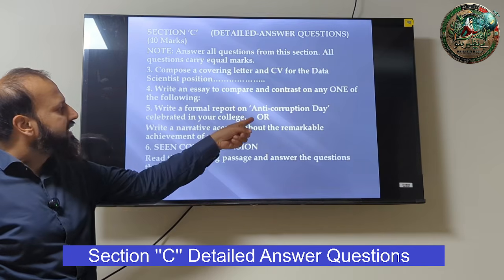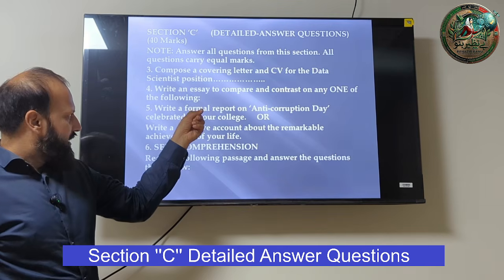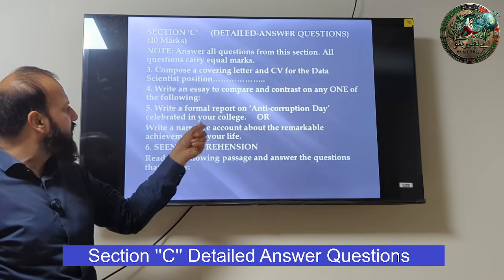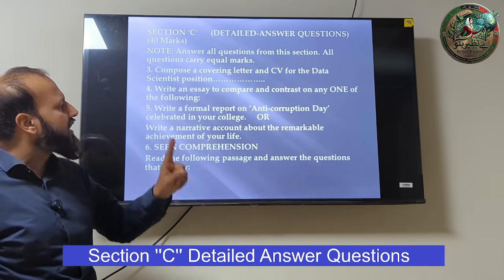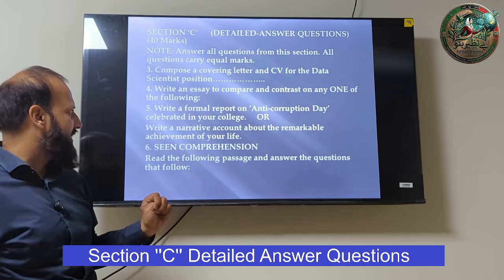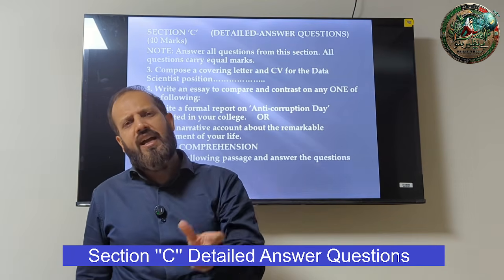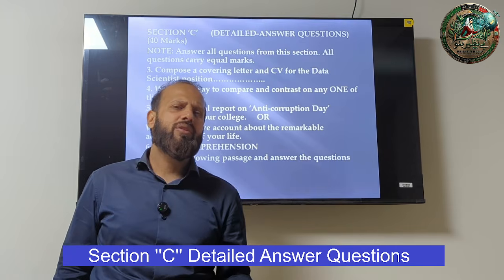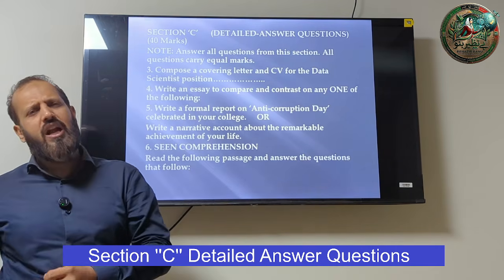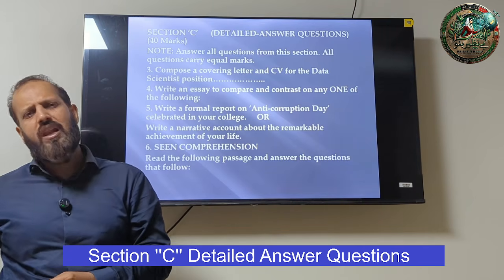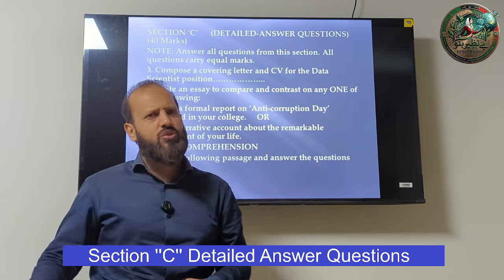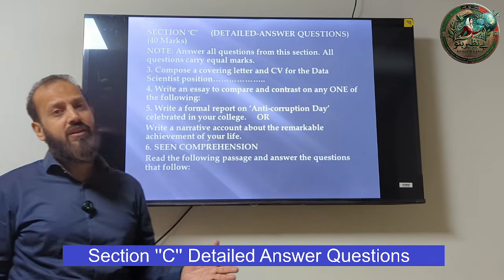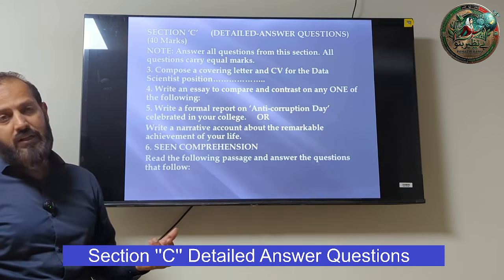Okay, write a narrative. You have the choice of 2 topics, whether you choose the formal report, or the other. Write a narrative account about a remarkable achievement of your life. Narrative account means you would narrate a story, a remarkable achievement of your life, your childhood, your school life achievements, any past story, and any unforgettable day of your life, any sudden event which happened and left a real mark in your life.